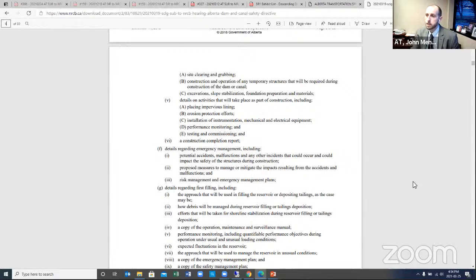And then the next stage gate is that during construction, you would develop the operation, maintenance, and surveillance manual, your emergency management plans, response plans, and all these other elements. And there's a reason why. Your operations manual for a dam incorporates everything you have to do to operate the mechanical and instrumentation components.